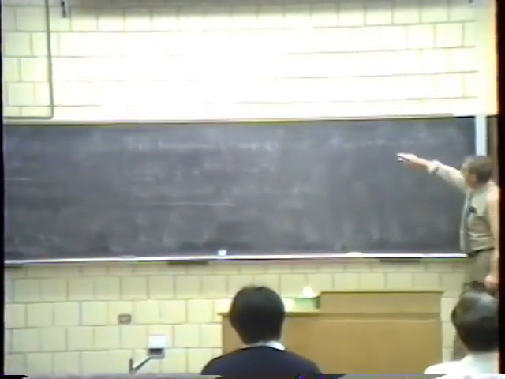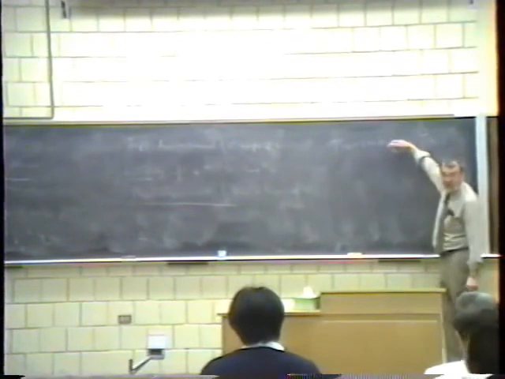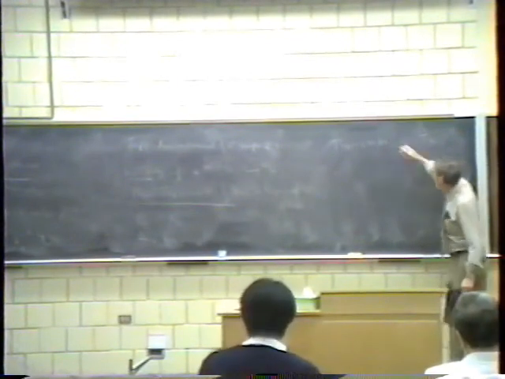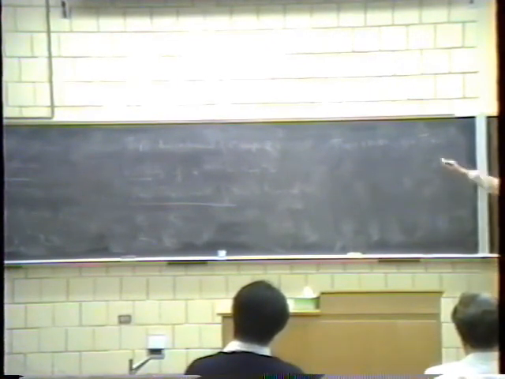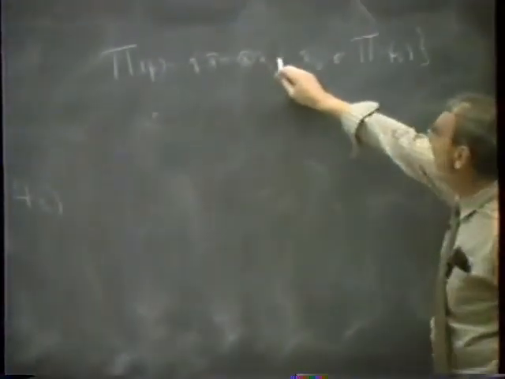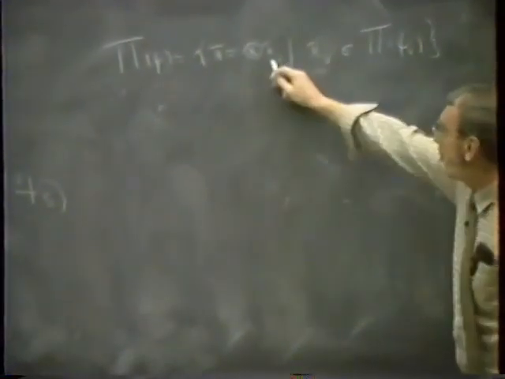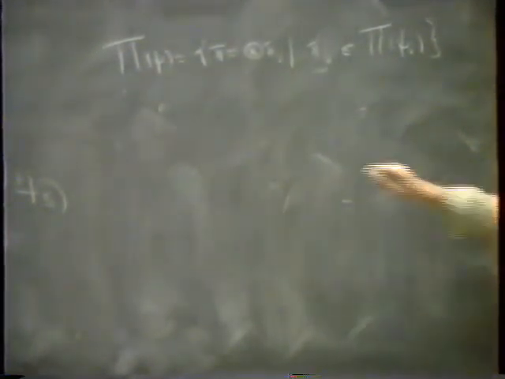That means that there are a lot of pi's in this set, because I may be able to change them locally one at a time, since locally there is more than one possibility for pi v. I can modify pi v, even if I only modify it at a finite number of places, in an infinite number of ways. So this is generally globally infinite.